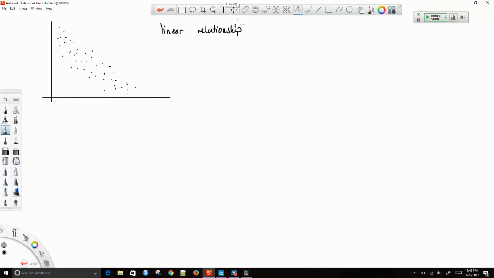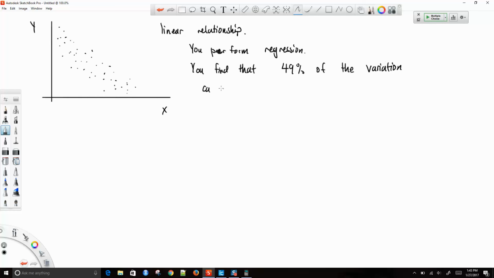And then you perform regression. And you find, as far as y and x goes, that 49% of the variation in y can be explained by x.